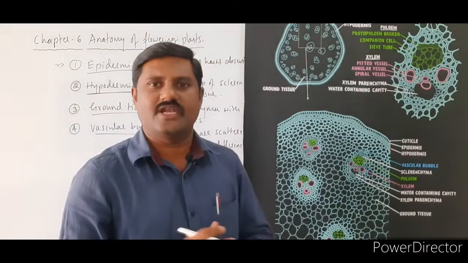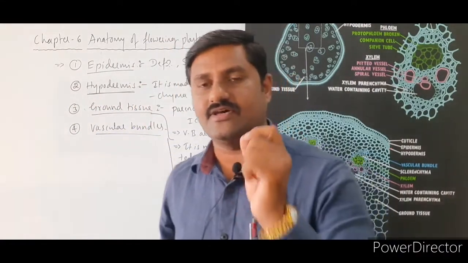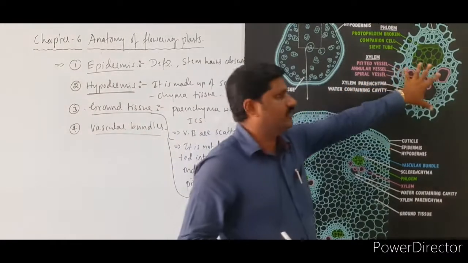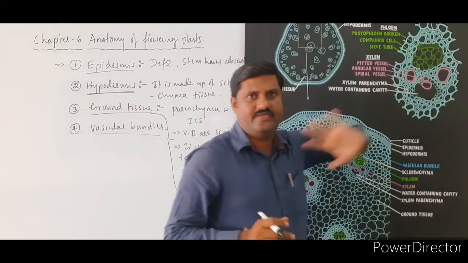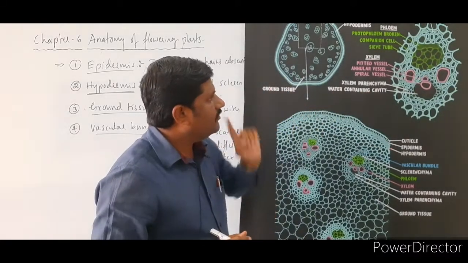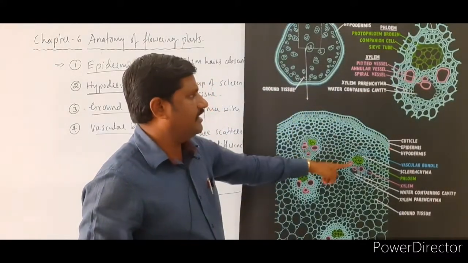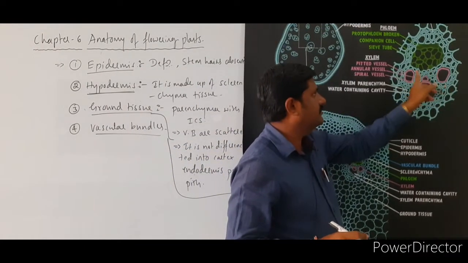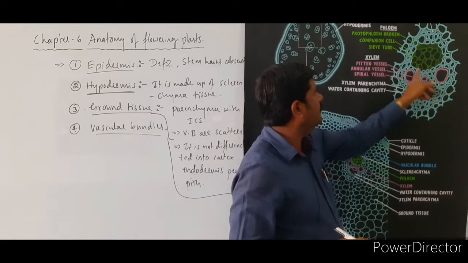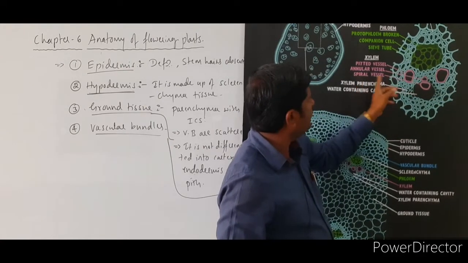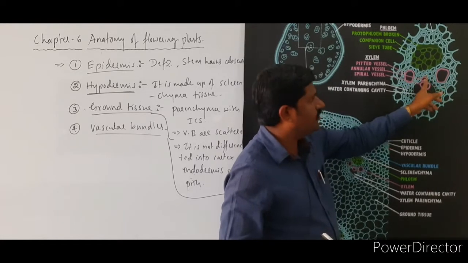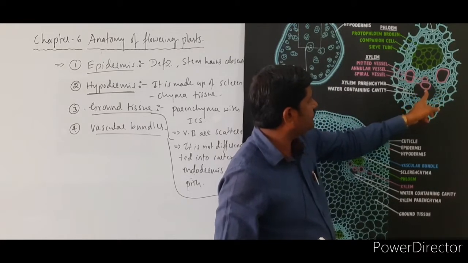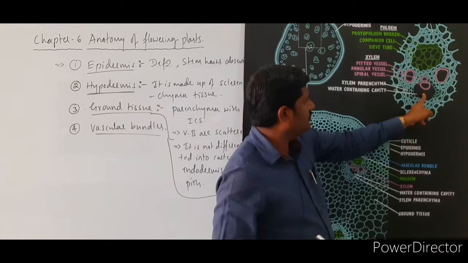What kind of vascular bundles are seen in case of this monocot stem? Let us see. This is one complete vascular bundle you are observing here. So one vascular bundle, they are scattered over here. This vascular bundle has the metaxylem seen over here, protoxylem is also seen over here. Along with that, what is seen?